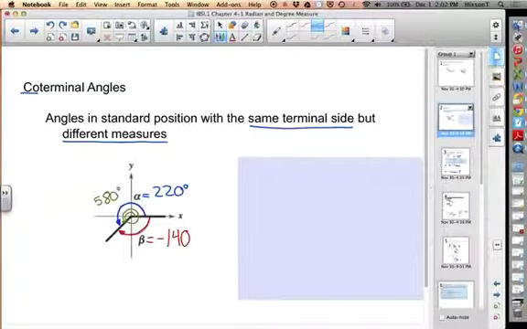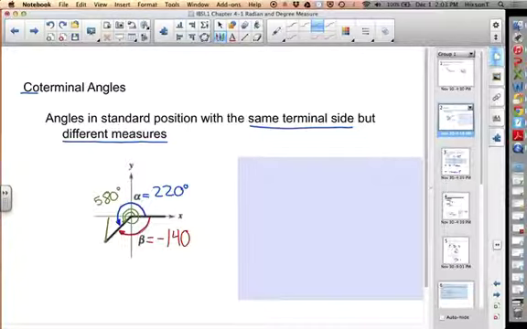Okay? And this is how engineers, when they design things that rotate at all, are able to figure out, if the arm of our piston or whatever is this long, what's this length? Well, they can do it no matter how many times it's rotated, because those are all coterminal angles.